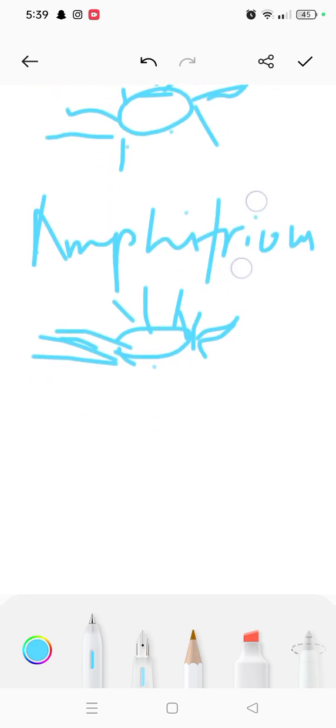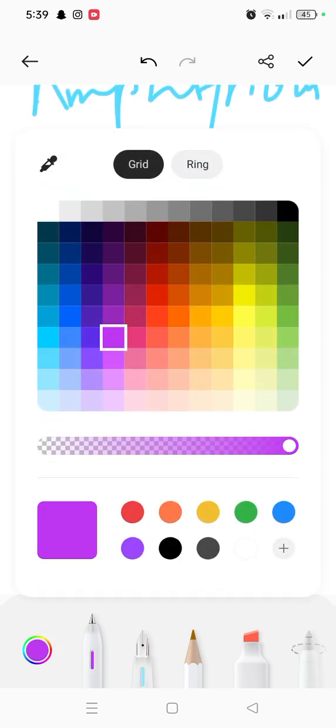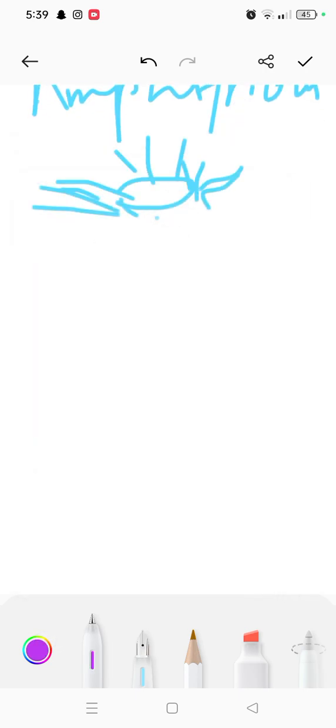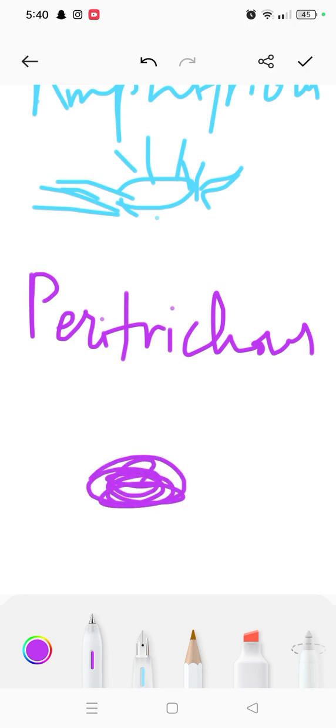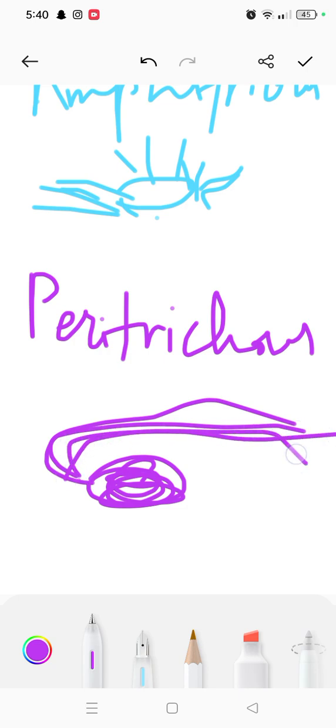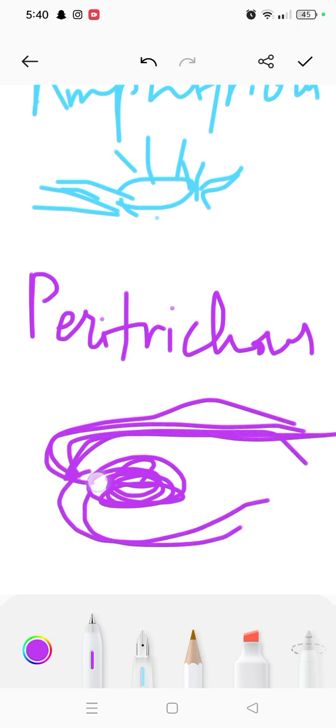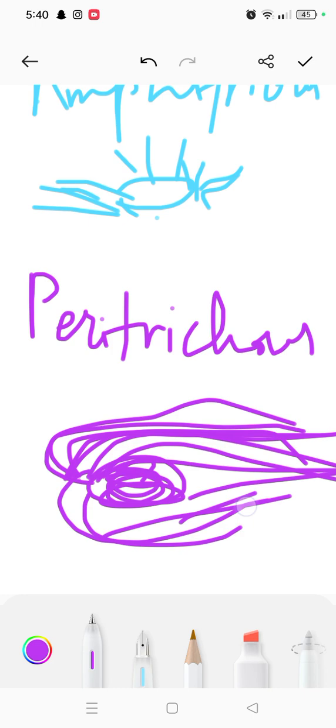Okay, then we have the last type of this classification, which is called peritrichous. This peritrichous is a bacteria which is surrounded by flagella. You cannot see this bacteria properly, but it would be covered with flagella. It's like continuous flagella on their structure, very banded or something like this.